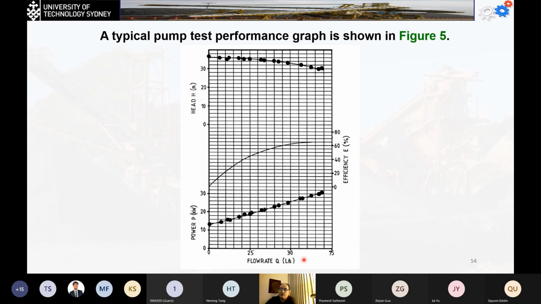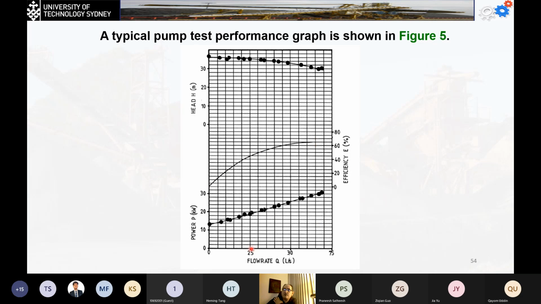We have the flow rate on the x-axis, and the head on the y-axis. The head is given by these points, this one is for the power required, and this line is for the efficiency percentage.